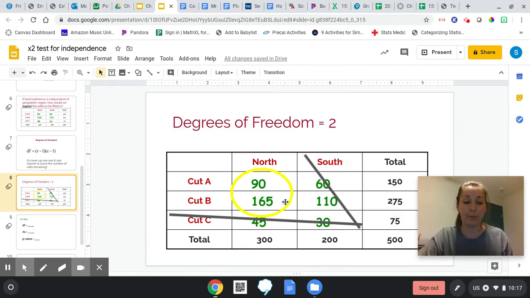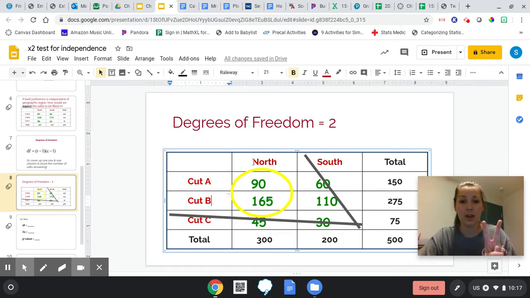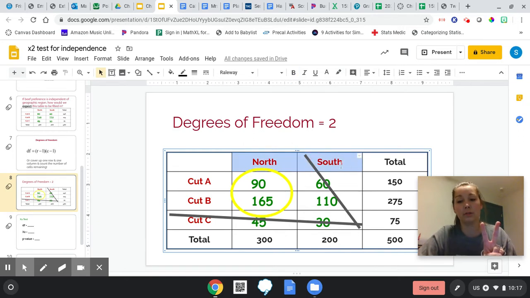For that previous example, it's your rows, which there are 3 rows, minus 1, so that gives us 2, times our columns, which was 2 minus 1 gives us 1. So 2 times 1 is 2. Okay?